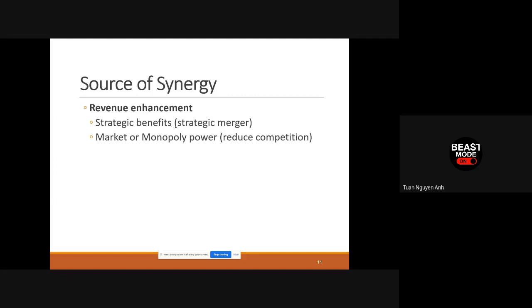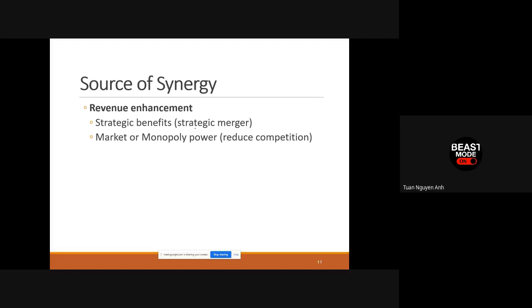Here, revenue enhancement, sometimes it is a strategic benefit. An example of the strategic merger is something like one company buys another company in another market. So they can expand to that market immediately and without competition.